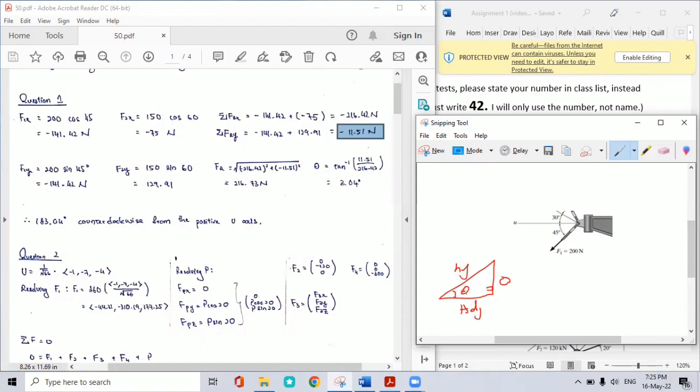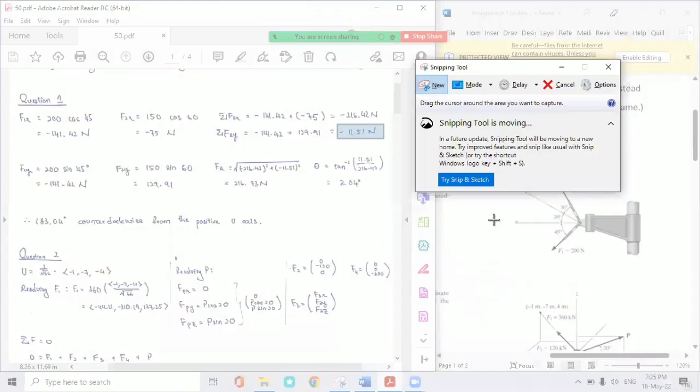In order to find this theta, we have sine, cos, and tangent, each having its relative formula: opposite divided by hypotenuse, adjacent divided by hypotenuse, and opposite divided by adjacent. By using these formulas, we will get our angle.